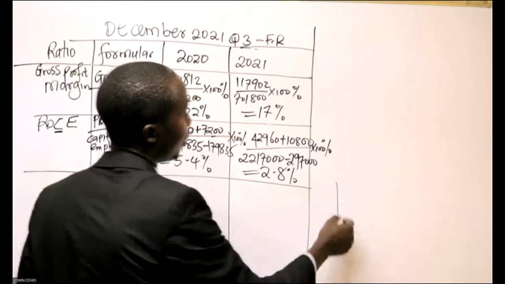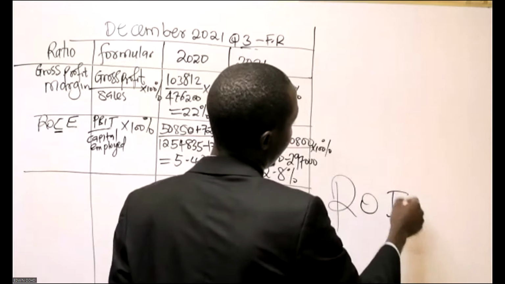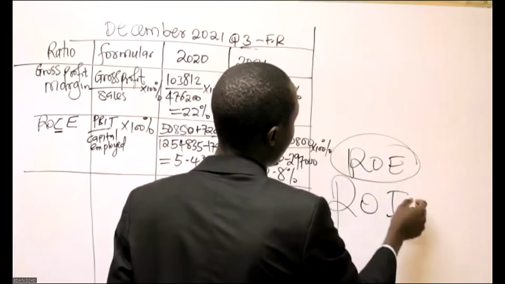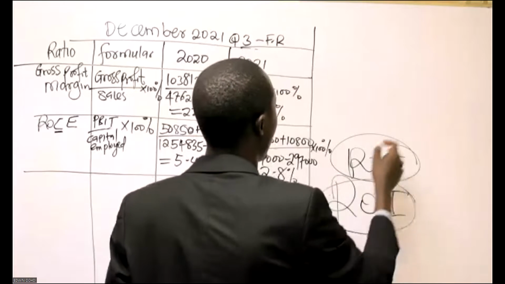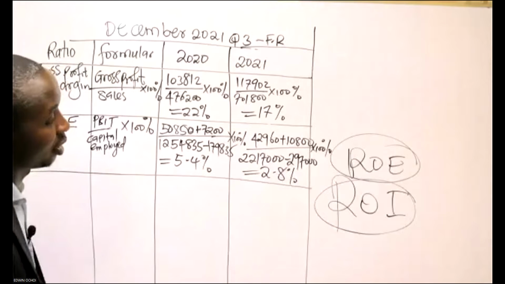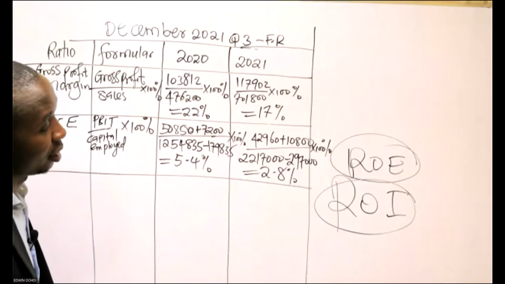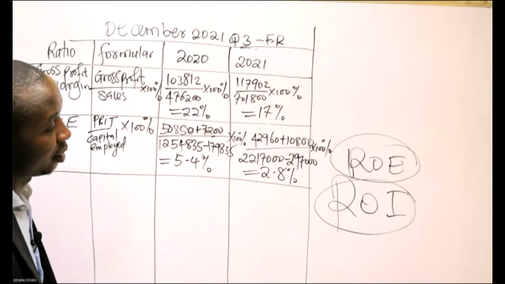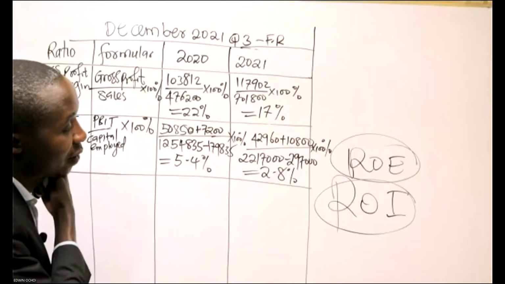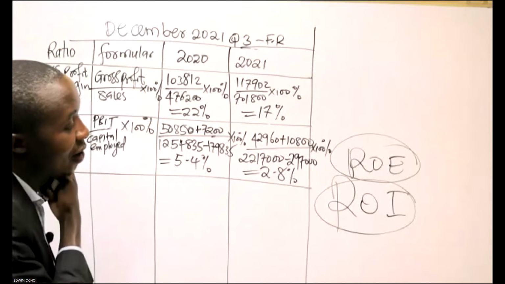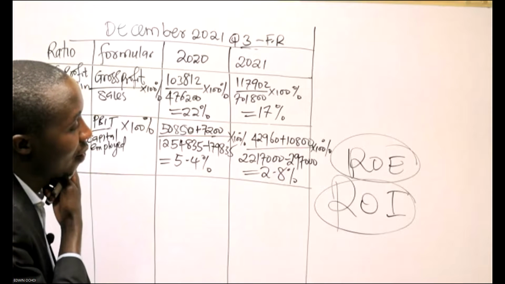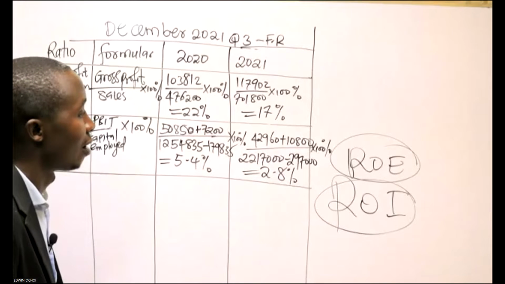Return on investment is just net profit after tax over the total assets multiplied by 100. And return on equity is against the total equity strictly. So it's the profit plus the preference dividend, divided by the total equity. So there's a slight difference on the aspect of preference dividends.